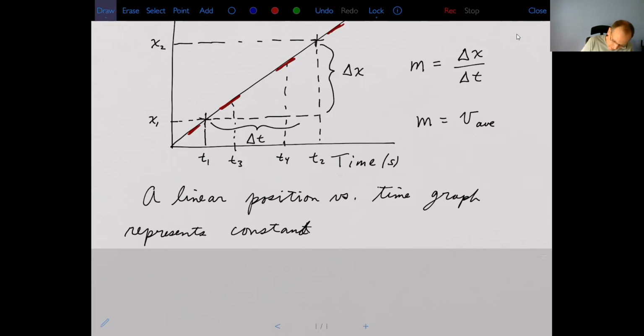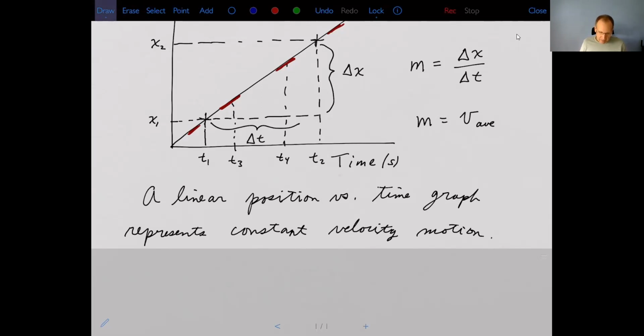Oops, constant velocity motion. Okay, because the slope is not changing. That's what it's saying. Let me fix this. So constant velocity motion. All right, so that's a linear graph.